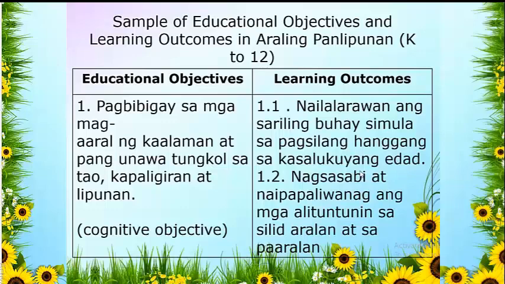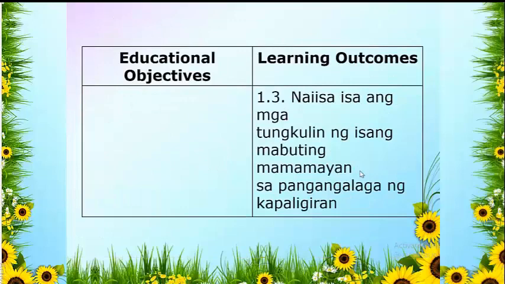So nailarawan ang sariling buhay simula sa pagsilang hanggang sa kasalukuyang edad. Pangalawa, pwede na rin na nasasabi at naipaliwanag ang mga alituntunin sa silid-aralan at sa paaralan. Pwede na rin ito na isa-isahin ang mga tungkulin ng isang mabuting mamamayan sa pangangalaga ng kapaligiran. So those are the learning outcomes of that objective.